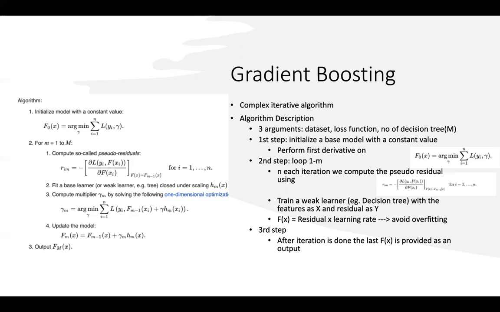So the first step in the algorithm is to initialize a base model with a constant value. The aim is to find a gamma value such that the loss value here is minimal. To find the gamma, we'll need to perform the first order derivative on the expression shown right here.